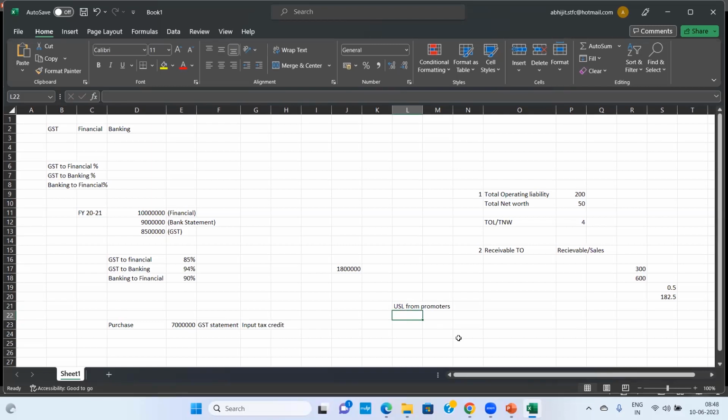Right. For an example, my equity is this much, my debt is this much. Now in that debt, 400 has a breakup of 200 external debt and 200 USL from promoters.